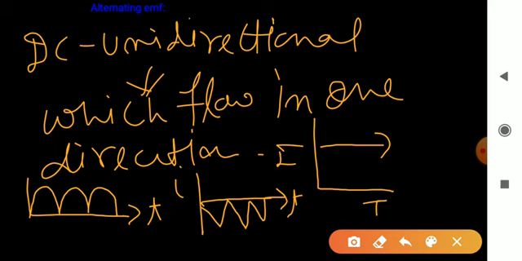Now let's talk about AC. What is AC? Alternating current is one whose magnitude changes continuously with time between 0 and maximum value, and whose direction reverses periodically. I hope this is clear to you.